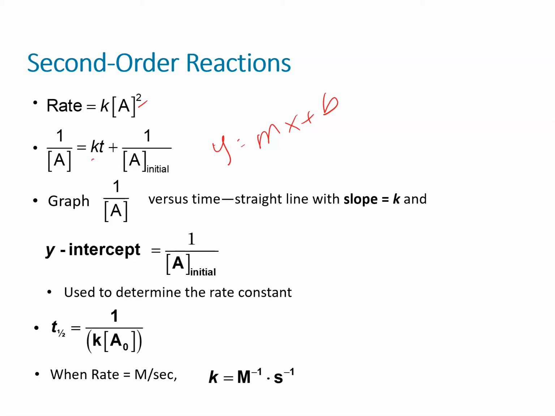We also have a novel half-life term here, where t1/2 is 1 over k times the initial concentration of A. Also note that our rate term has changed as well.